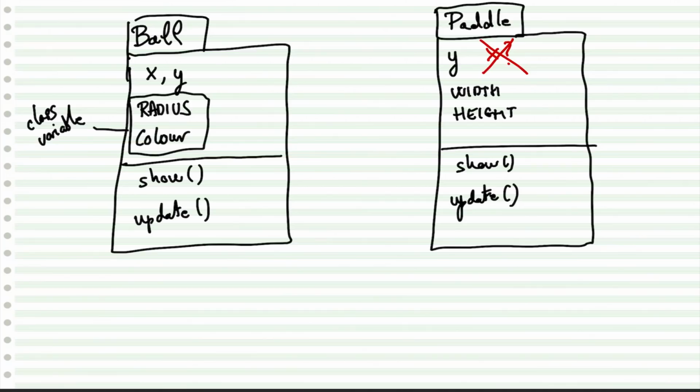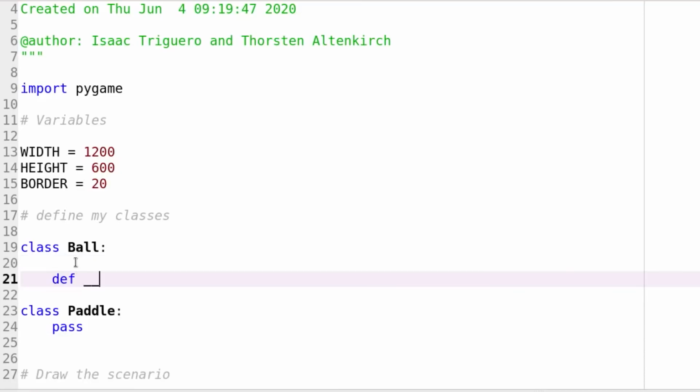So what do we need in the ball? If we look again back on the paper, we know that for the ball we want to store coordinates X and Y. That's going to be, let's say, intrinsic variables of that particular class. For that to happen in Python, which is slightly different from other programming languages, you need to define a constructor, __init__, and then provide the input for X and Y. Whenever we create a new ball, we need to tell it where to put those coordinates.